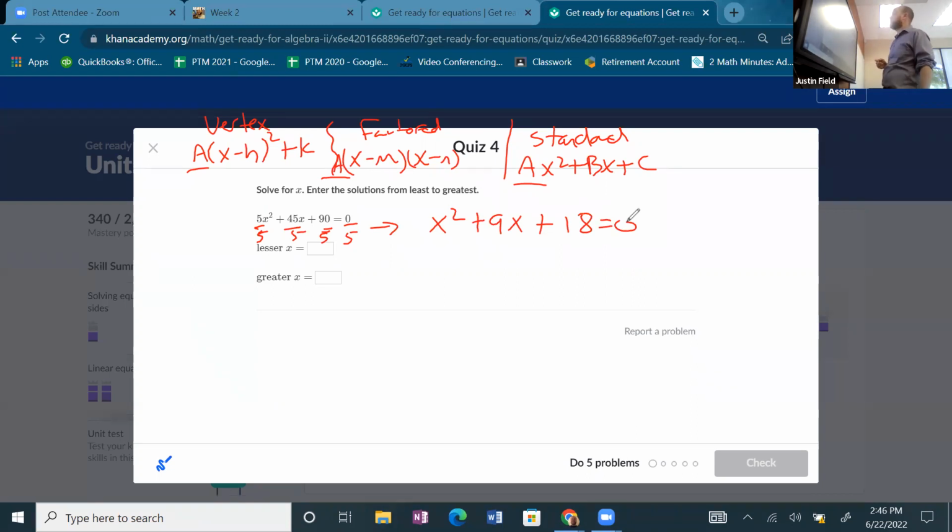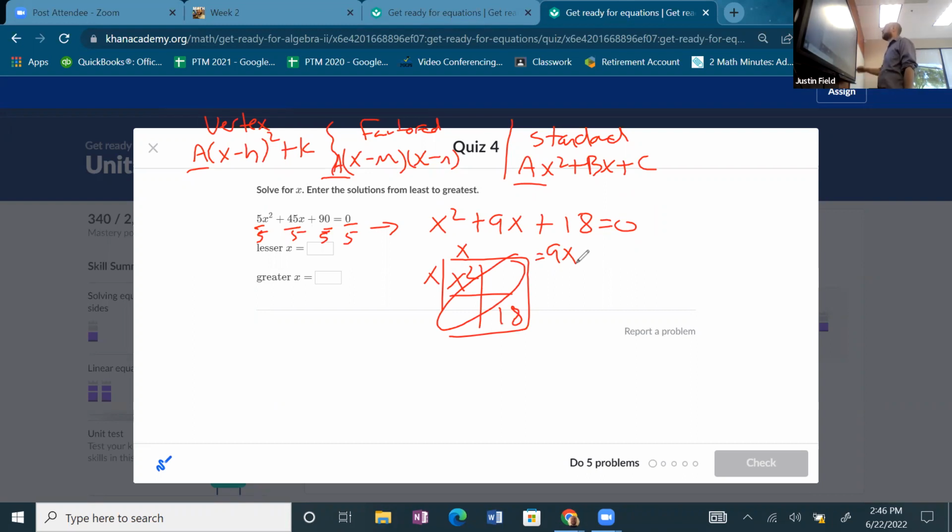And now I'm noticing, you know, I could use the quadratic formula, but I noticed this factors really nicely. How does it factor? Well, we put the x squared in the first box, 18 in the last box. X times x is x squared. And the 2 boxes here have to add up to 9x. Wait, yep, 6 and 3. 6 plus 3 is 9, and 6 times 3 is 18.